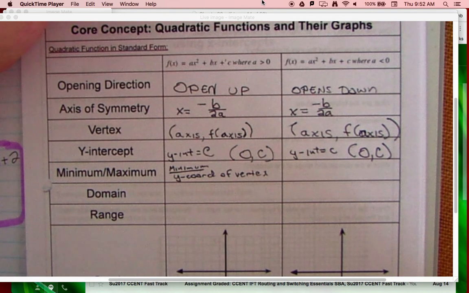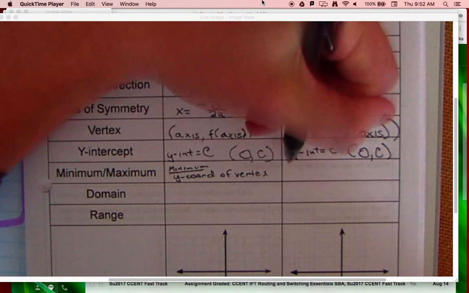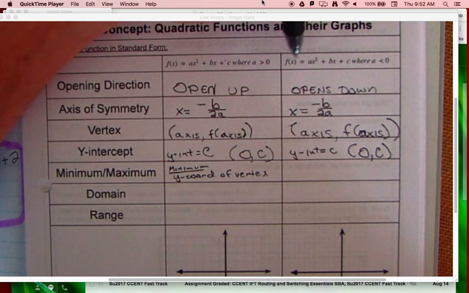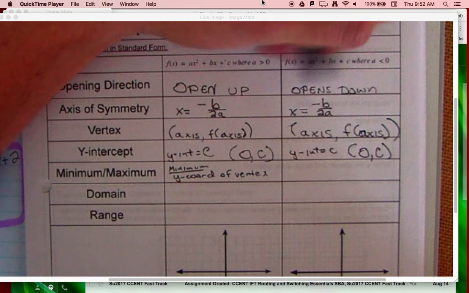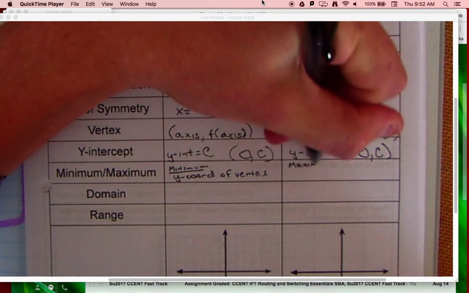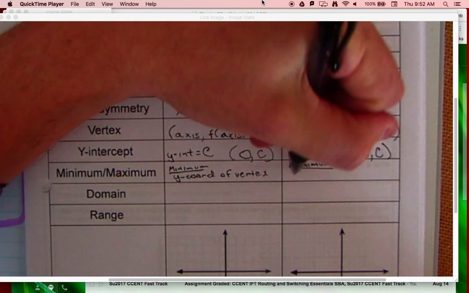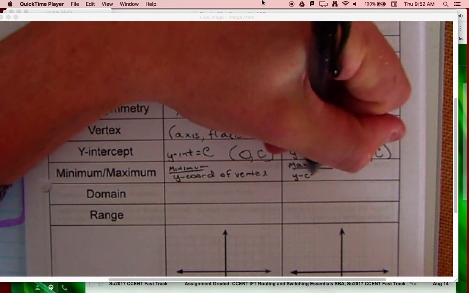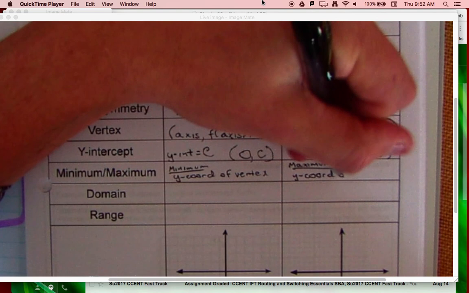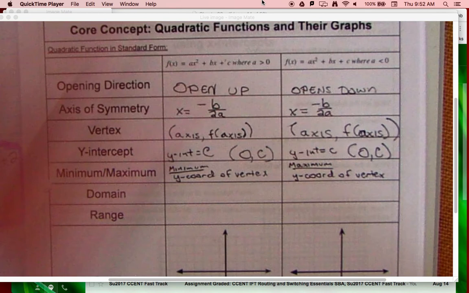That's the lowest point. When we talk about high and low, we're talking about y-coordinates. Similarly, if a is less than 0, it's going to open down, so we're going to have a maximum point. And once again, what's that going to be? It's going to be the y-coordinate of the vertex.